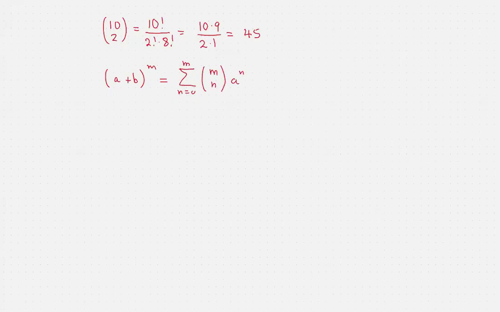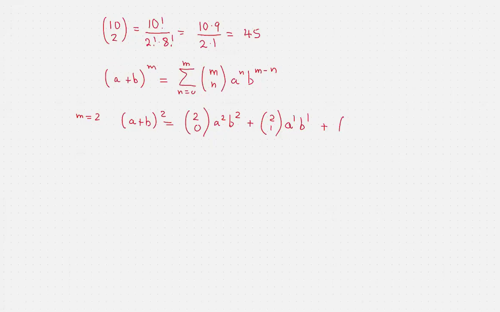Okay, so for example, just to give a simple example, if m is equal to 2, that tells us that (a plus b) to the second power, how do we interpret this sum? So it's going to be 2 choose 0 for a to the 0 b squared plus 2 choose 1 a to the first times b to the first plus 2 choose 2 of a squared times b to the 0.